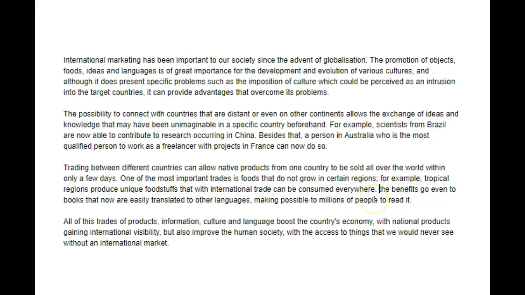Don't use conjunctions at the beginnings of sentences. The benefits extend even to books that are now easily translated into other languages, making it possible for millions of people to read it.